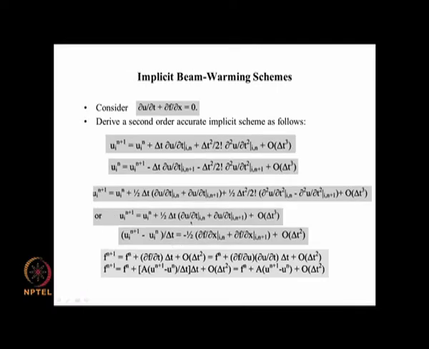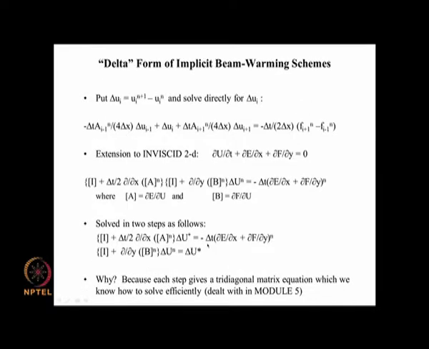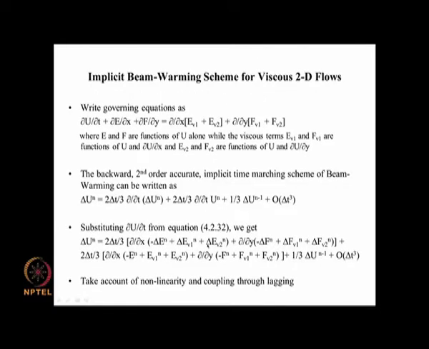We have substituted dou u by dou t as minus dou f by dou x from this equation. So, we are extending the same logic for a vastly more complicated case, and if you do some manipulations, we finally get delta un equal to 2 delta t by 3 dou by dou t of delta un.